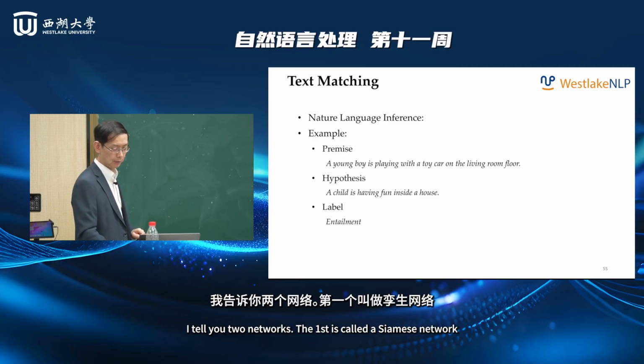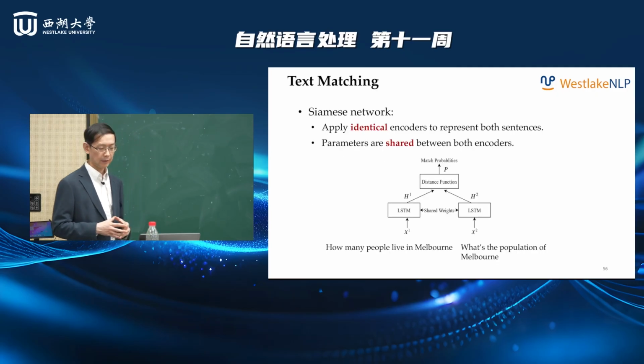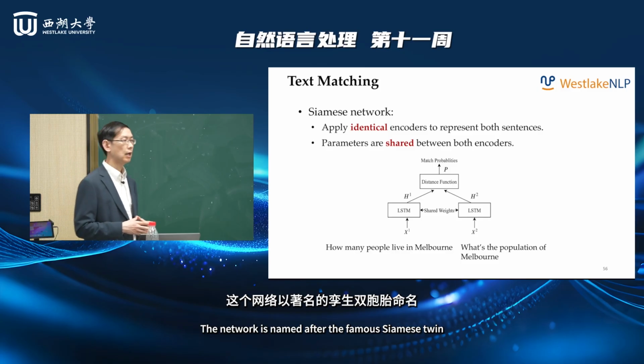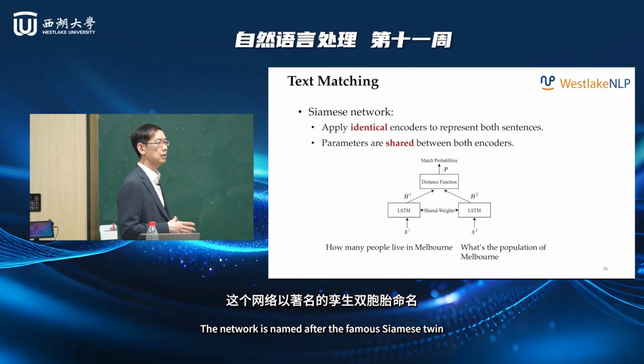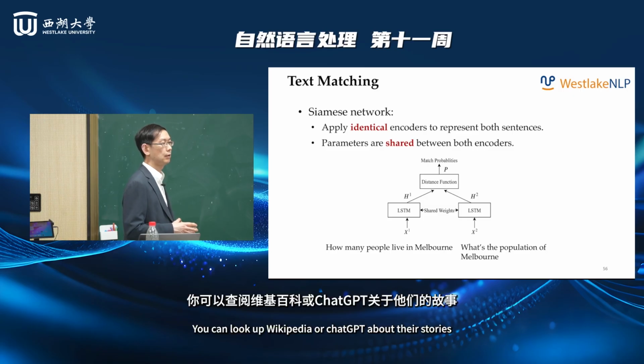I tell you two networks. The first is called a Siamese network. The network is named after the famous Siamese twins. You can look up Wikipedia or ChatGPT about their stories.